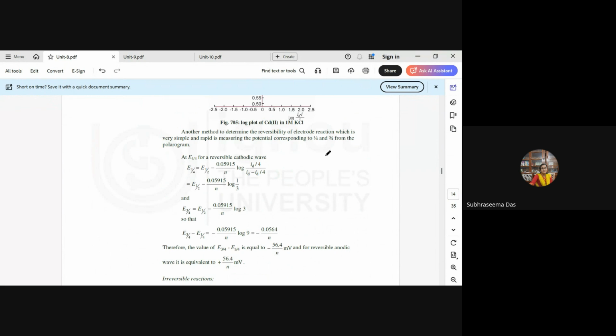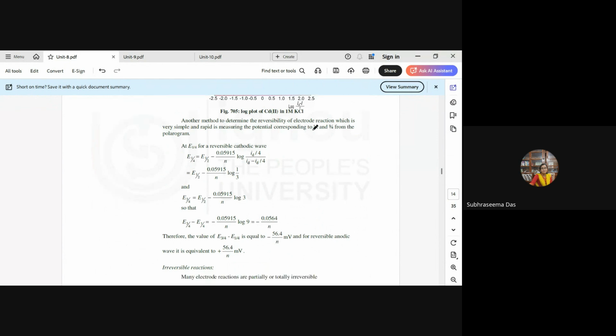Another method to determine the reversibility of an electrode reaction, which is very simple and rapid, is measuring the potential corresponding to 1 by 4 and 3 by 4 from the polarogram. First we measure E1 by 4 for the reversible cathodic wave, which is given by this formula, and then we find E3 by 4, which is given by this formula.